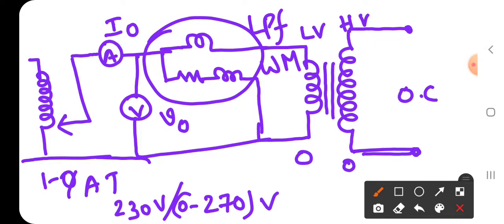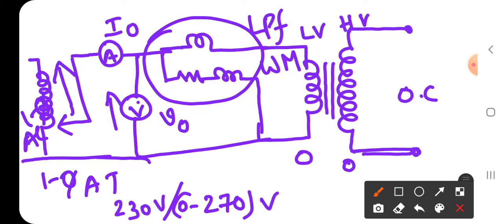The input is single phase AC, 230 volts. Now, what is the procedure? By changing the position of the auto transformer, the voltage value has to be increased.